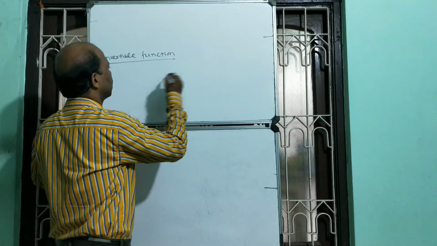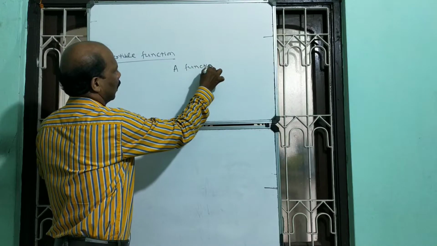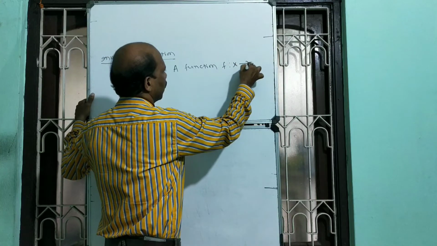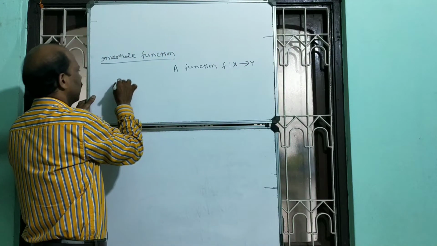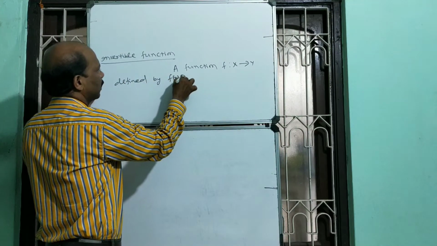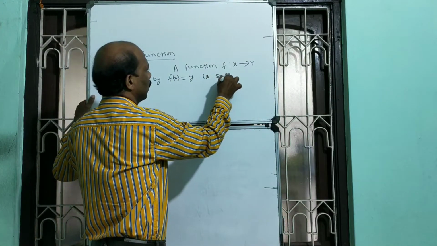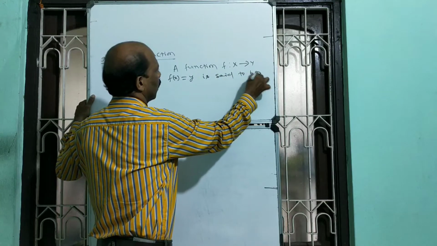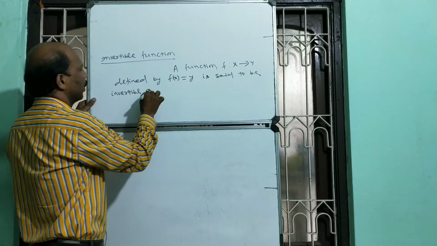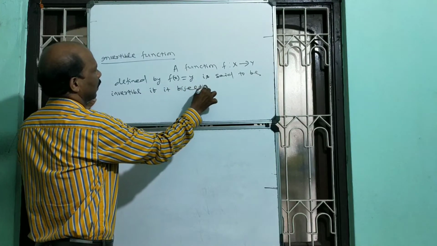So directly we can say that a function f maps from X to Y defined by f of x is equal to y is said to be invertible if it is bijective.